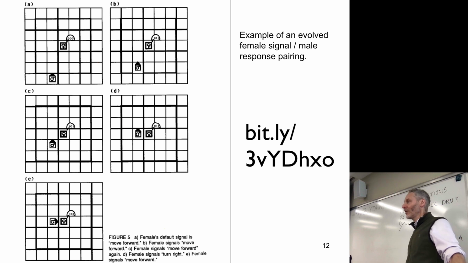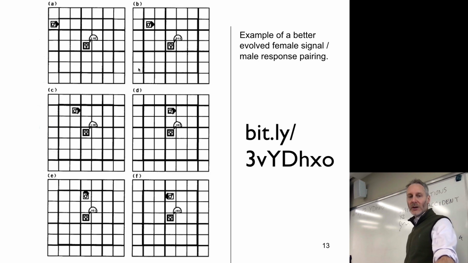The male heard and interpreted that signal as turn right, and the female goes back to singing 1, 0, 1. What's going to happen at the next time step, which is not shown in this figure? The male is going to move straight because we know that this male moves straight when he hears 1, 0, 1. Okay, a successful mating event.